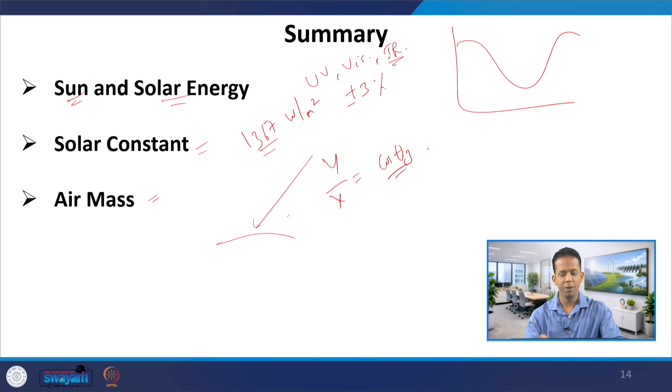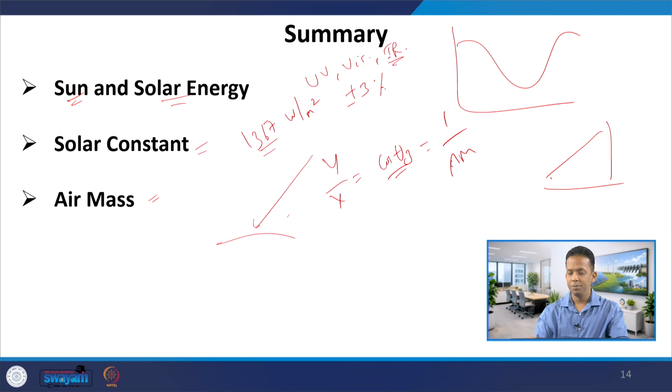So it depends on the zenith angle, that is the position of the sun in the sky with respect to the vertical. We looked at different ways to calculate this air mass. One is using the zenith angle, and one is using the length of the shadow of a pole based on the position of the sun. Both of these assumptions were made treating Earth's atmosphere as a flat horizontal layer.